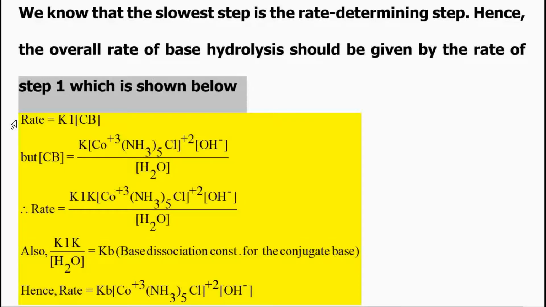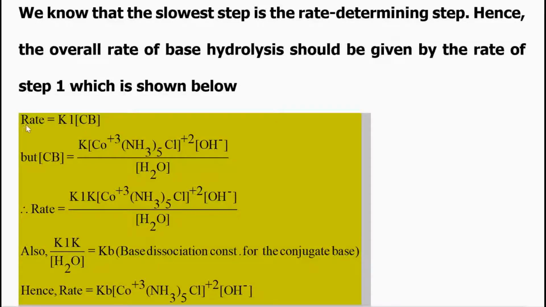So the rate is given as rate is equal to K1 multiplied by concentration of Cb, because in case of SN1 Cb mechanism, before the SN1 reaction starts, the substrate is converted into conjugate base. So when the SN1 mechanism starts, the substrate changes to conjugate base. So now Cb is your substrate.